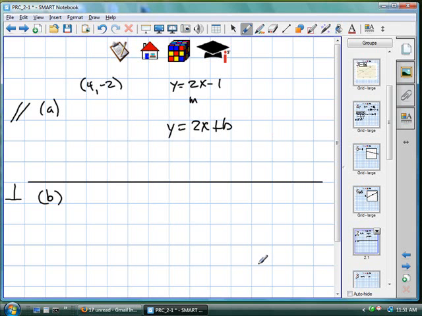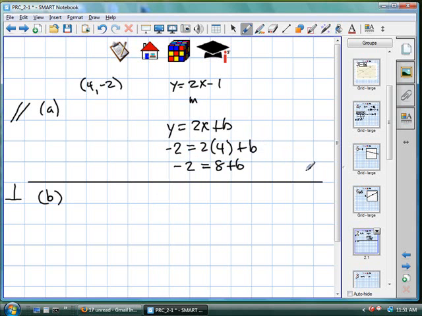And now, what do you think we're going to do to find b? We only have one point this time. That's what we're going to substitute in. So we're going to plug in a -2 for y, a 4 for x, and that should real easily allow us to solve for b. So what do we have? -2 equals 8 plus b.